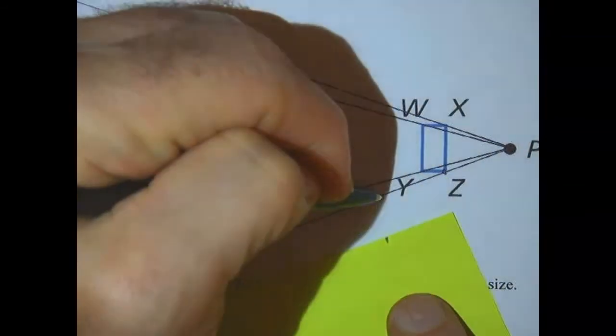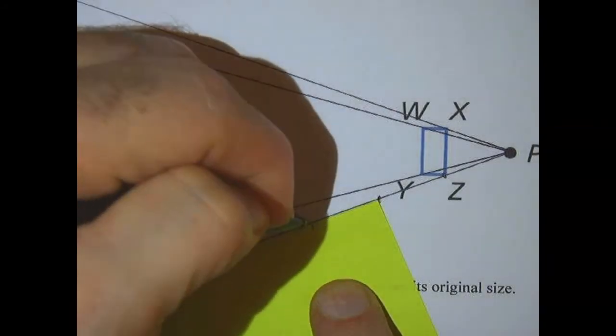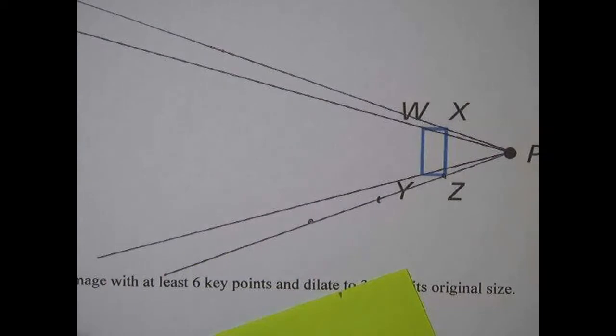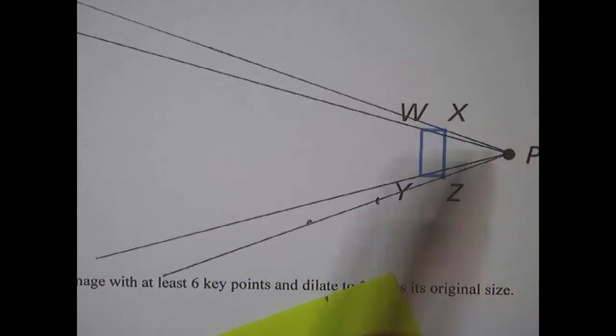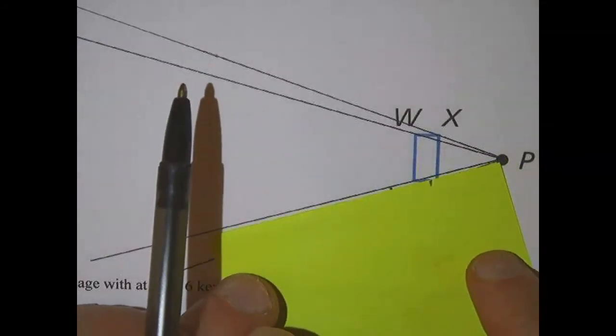I may as well put my other one out here and make it 3 times as big, because I'm going to do that with the figure as well. So I'm just going to do that same process with Y, with X, and with W. I'll do one more with you, and then I'm going to pause the video and have you finish it up.